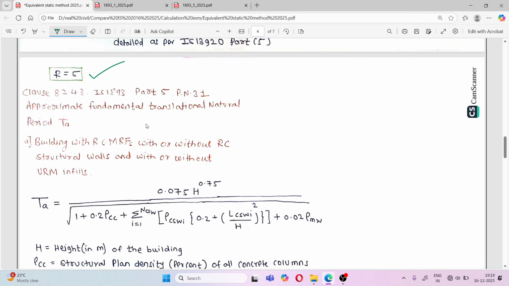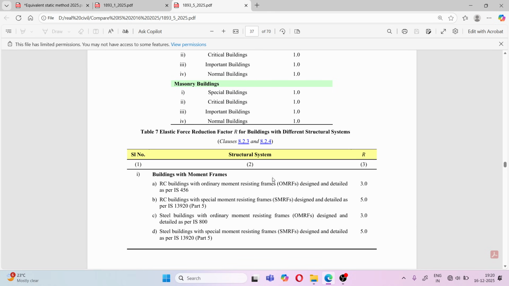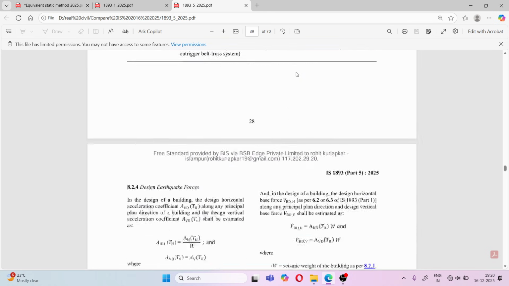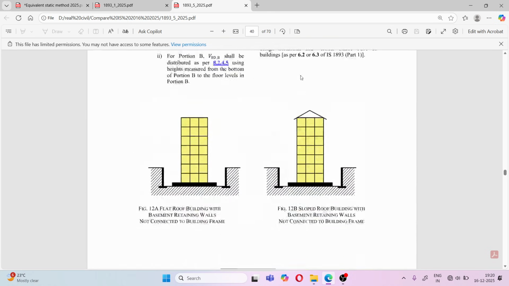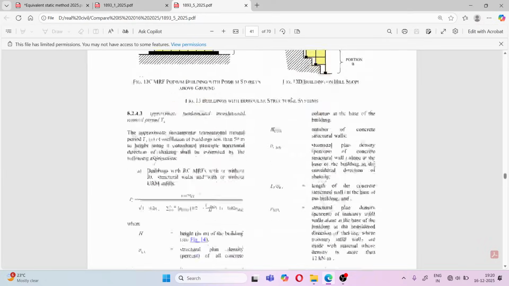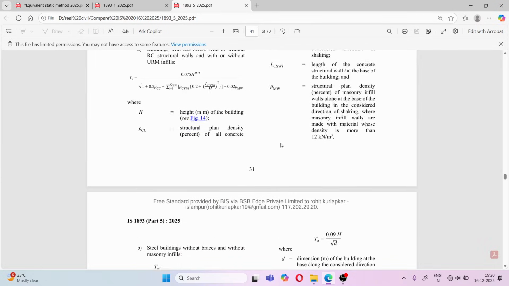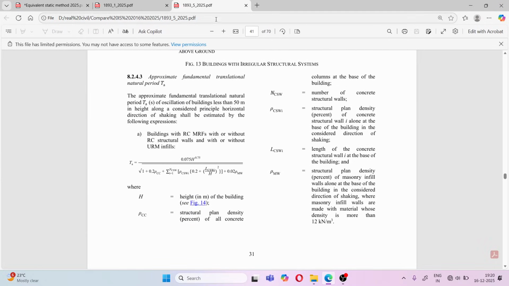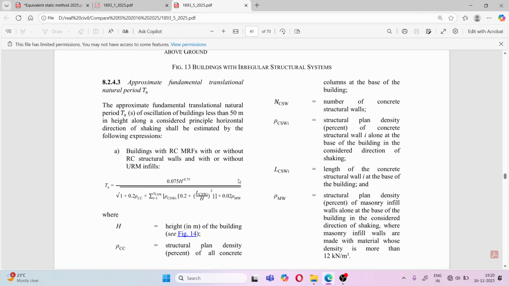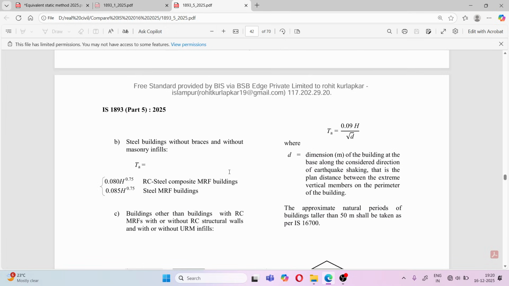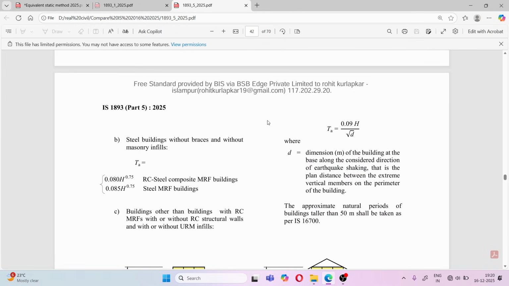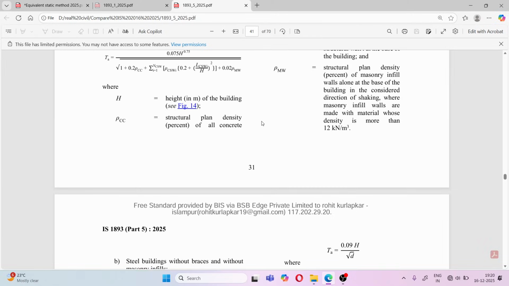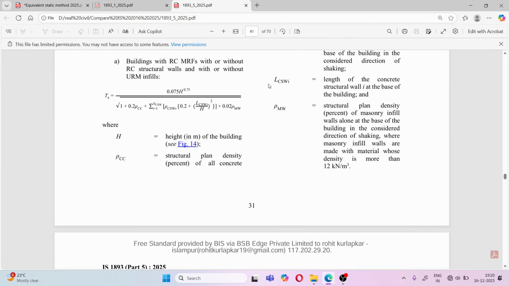Okay, so I will show that formula. Yes, here you can see basically A, B and C options are there depending upon the type of building.